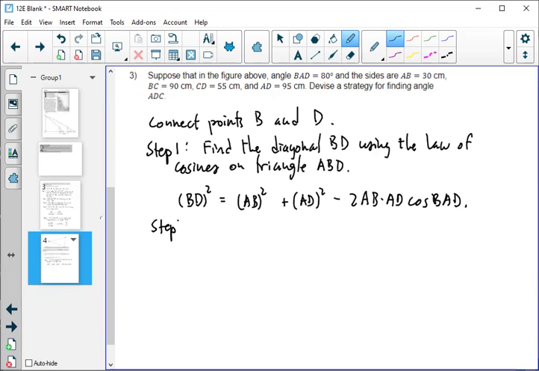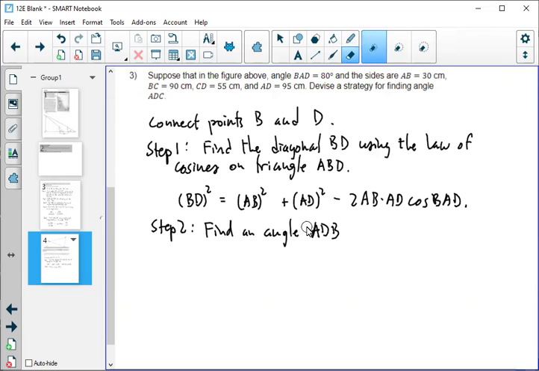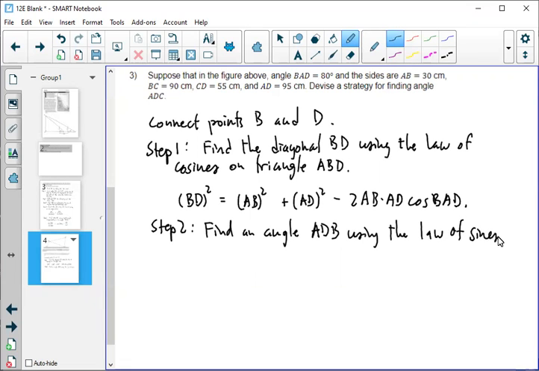And then we could go to step 2. We want to find an angle ADB. We're going to use the law of sines, and that will be on triangle ABD.